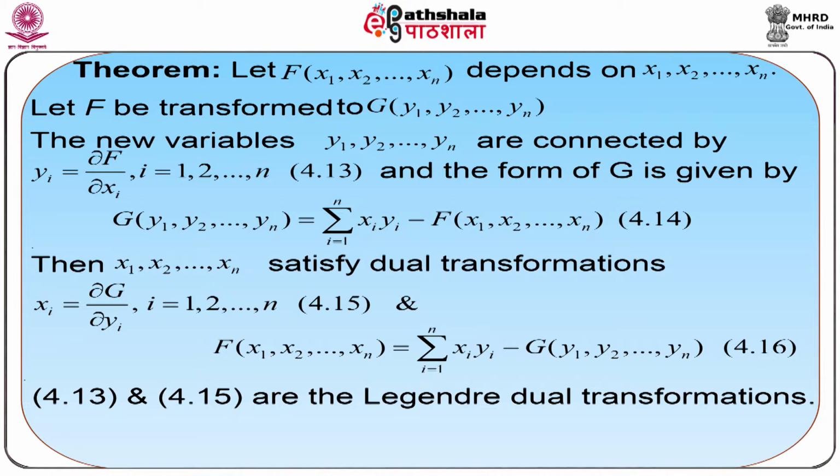Here i varies from 1, 2 up to n, and the form of capital G is given by capital G, a function of y1, y2 up to yn, equals summation i equal to 1 to n xi into yi minus capital F of x1, x2 up to xn.